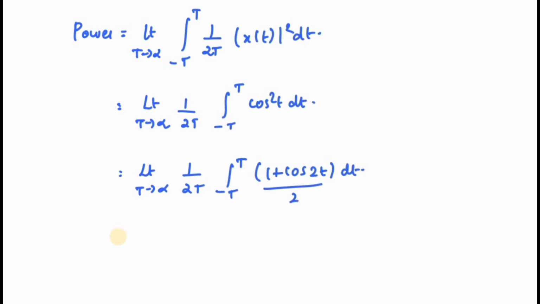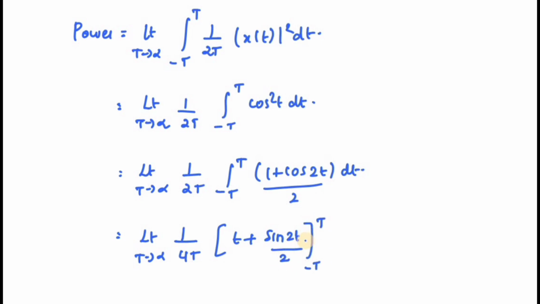So we'll get limit t tends to infinity 1 divided by 4t. If I integrate, I will get t. This one, if I integrate, I will get sine 2t by 2, from minus t to t. Okay.